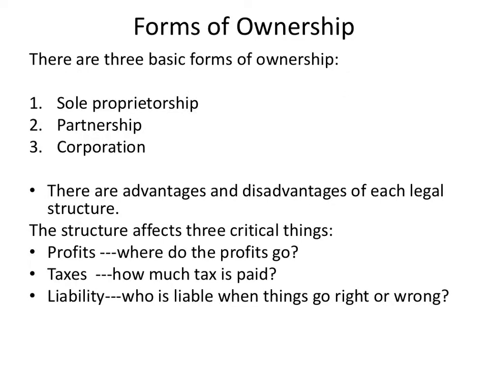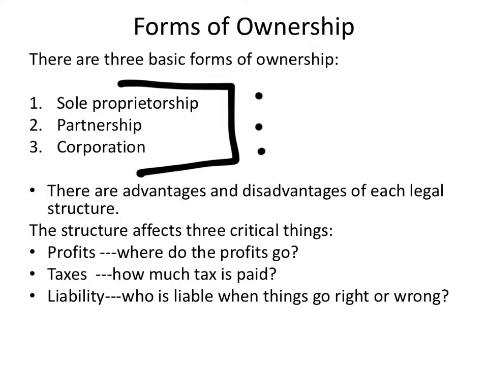I just mentioned the major three forms, and as you begin any study, I typically do an outline. We're going to start with a sole proprietorship, the partnership, and the corporation as the three main basic forms.